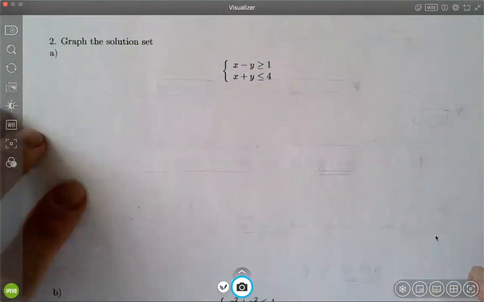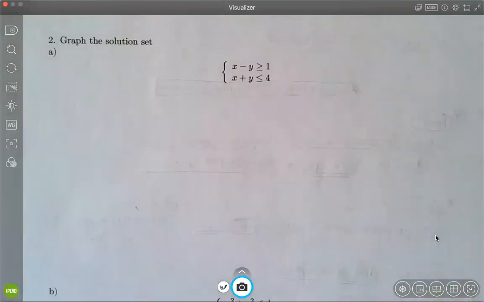So number 2, graph the solution set. x minus y is greater than or equal to 1, and x plus y is less than or equal to 4. Okay, so now, do we have a nonlinear system or linear system here?